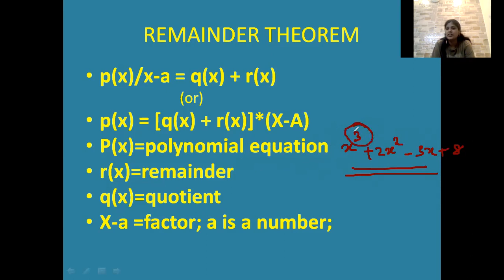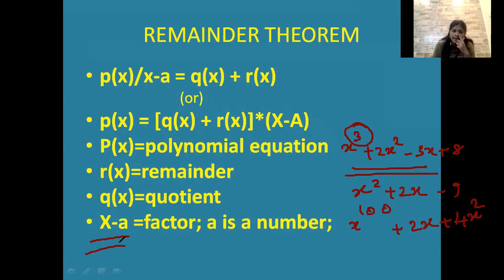And here I have taken the cubic expression. You can take a quadratic equation also, or else you can take a higher degree like 100 also. You can rearrange the order also. So take any polynomial equation and you are going to divide it by x minus a.